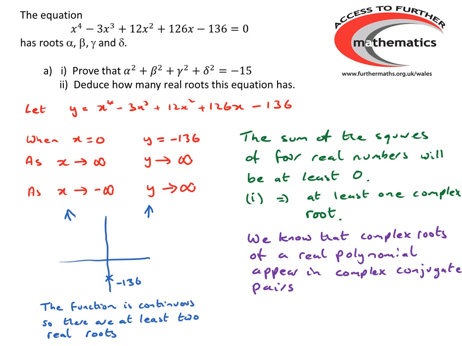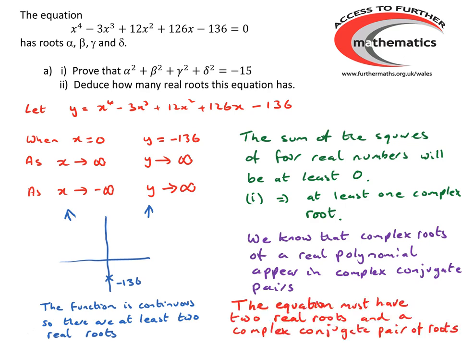So I now know that I've got at least 2 real roots and at least 2 complex roots. But I've only got a polynomial of degree 4, so there are only going to be 4 roots. So we must now conclude that we have 2 real roots and 2 complex roots.